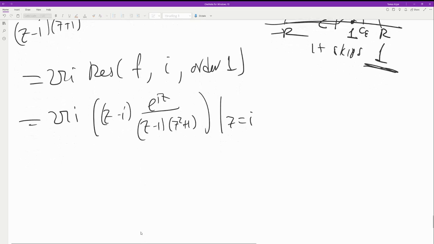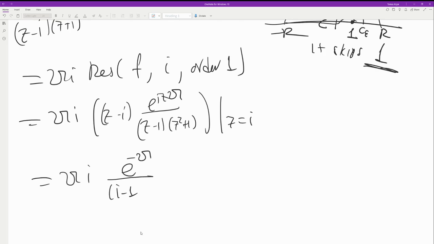So we have 2 pi i, with e to the minus 2 pi, and then i minus 1, 2i, and if you simplify that, you get e to the minus 2 pi over 4 and i minus 1.